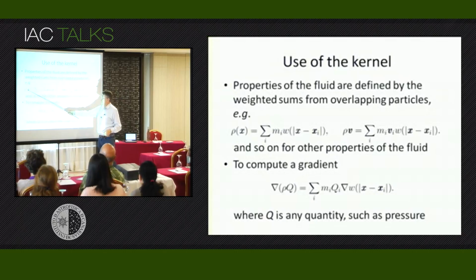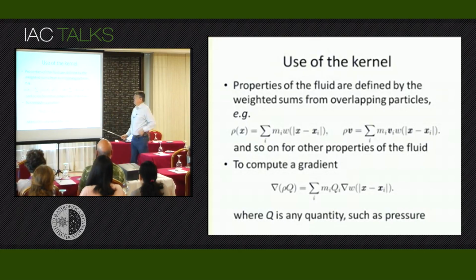And once you've defined that kernel, you're able to define all sorts of properties for the fluid. For example, the density of the fluid at some field point X is the sum over all the different particles present in the simulation, at the various points xi, and the distance between the field point and the center of the particle determines how much that particle contributes.